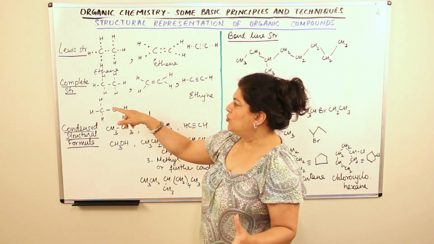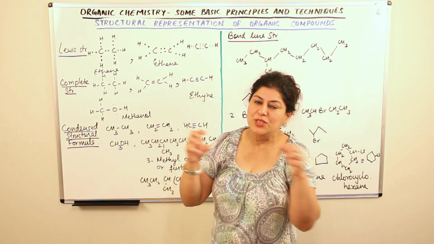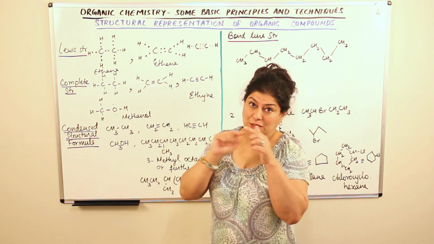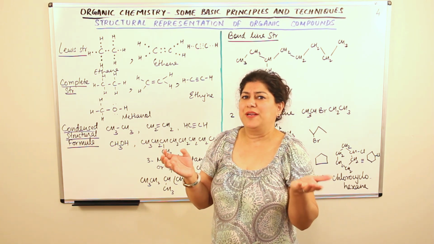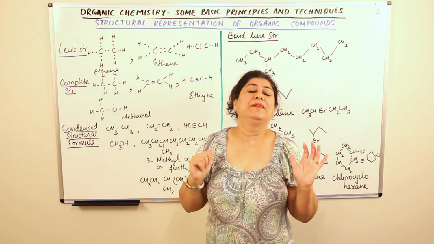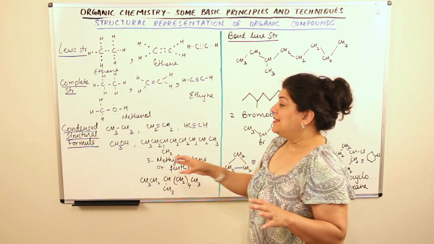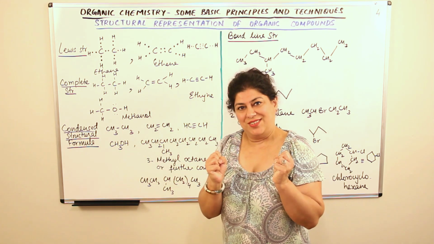We can assume that wherever you have multiple bonds, there you may have to write down the dashes. But wherever there's just hydrogen filling up the rest of the valency, you just write the hydrogens. So that is done in the next structure, which is known as the condensed structure.